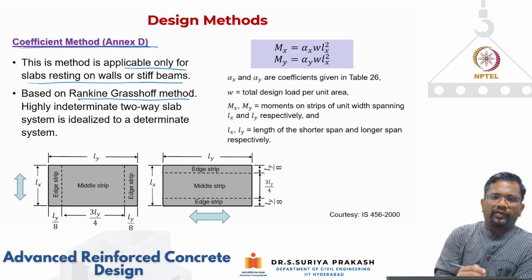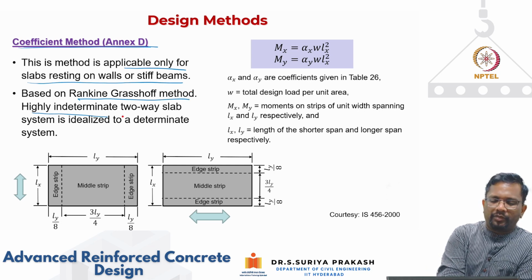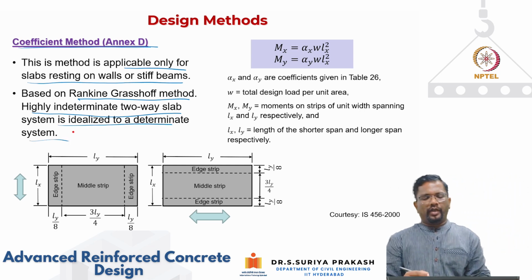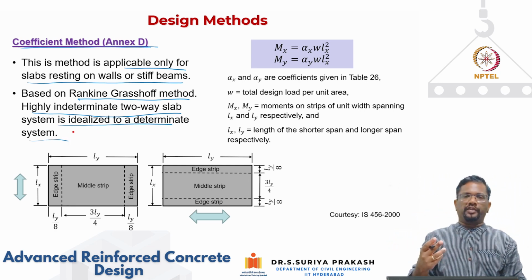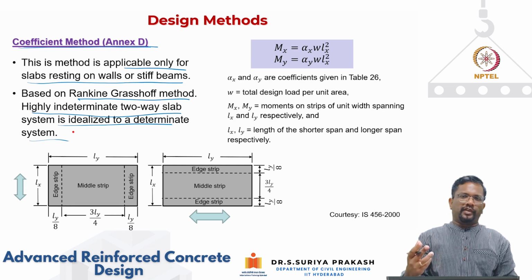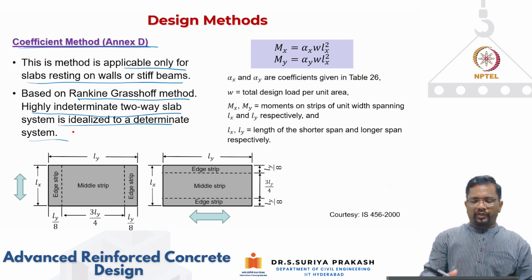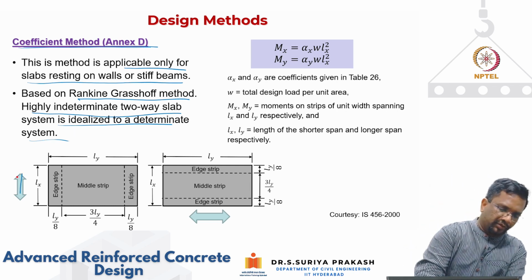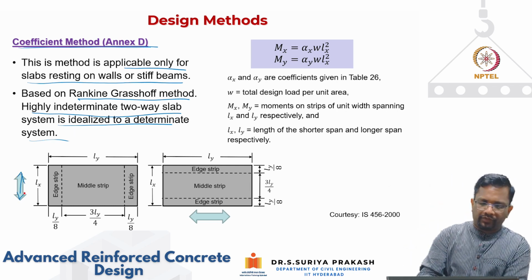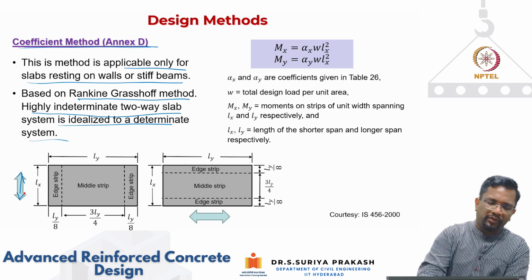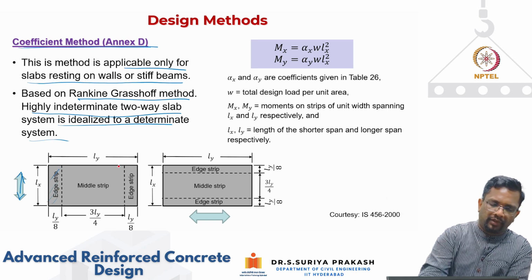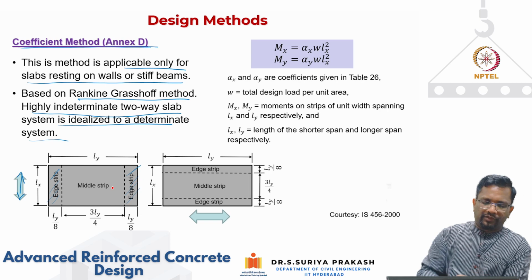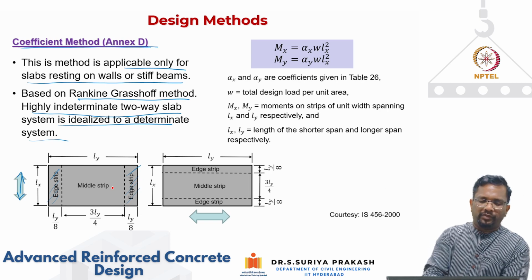Here, what we have really done is that a highly indeterminate two-way slab is idealized to a determinate system, and the moments have been derived with certain assumptions. In both the directions, for example in this direction of bending, we convert the slab into edge strips like this and then a middle strip.